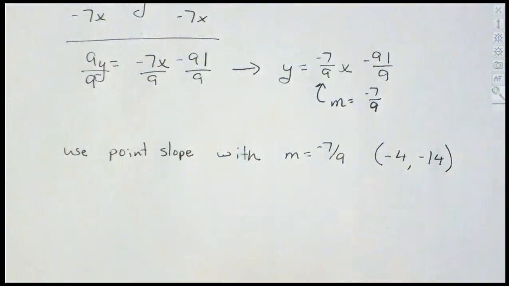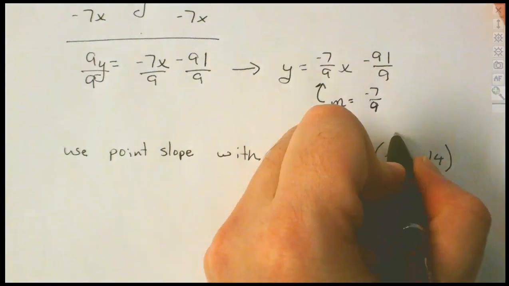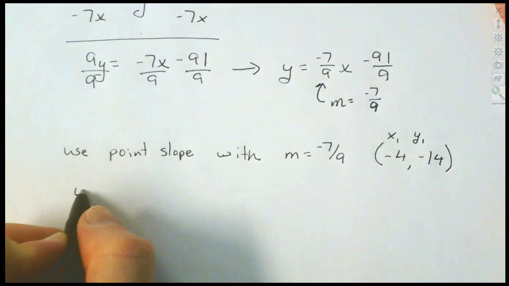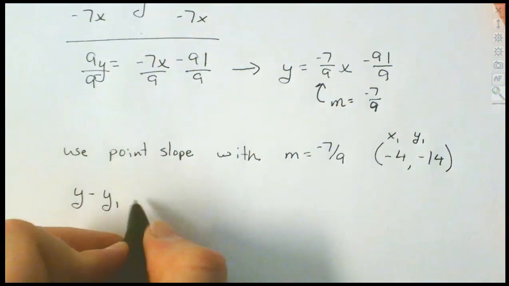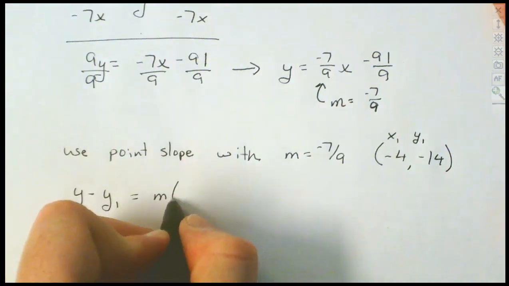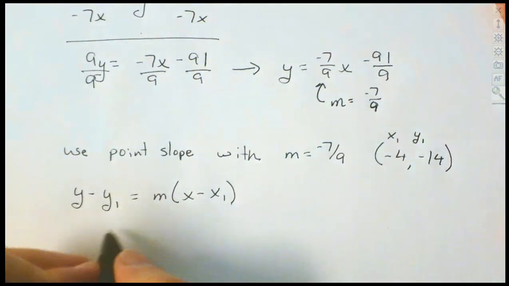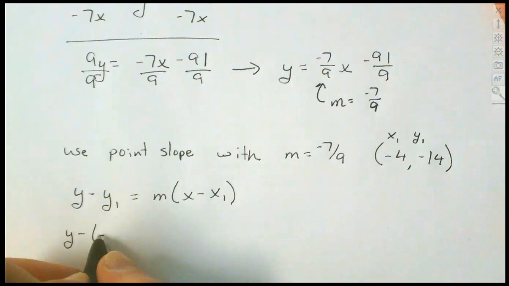So that's where we're at there. So this is our point, x1, y1. And so now we have y minus y1 equals m times x minus x1. And we fill it in. And watch out for our double negatives here.